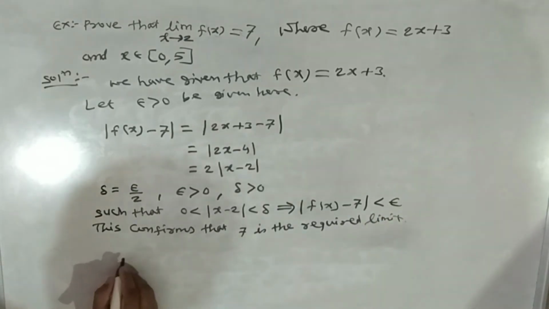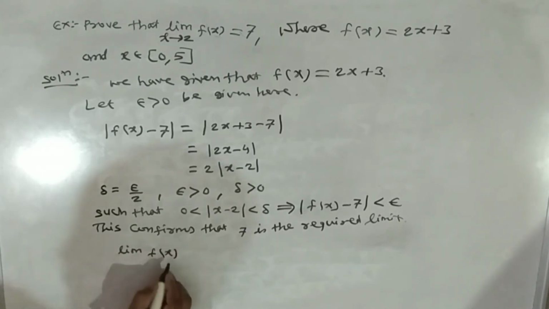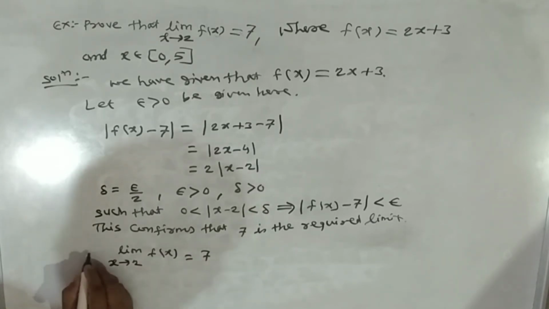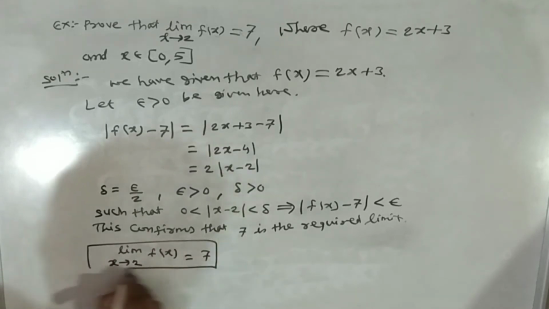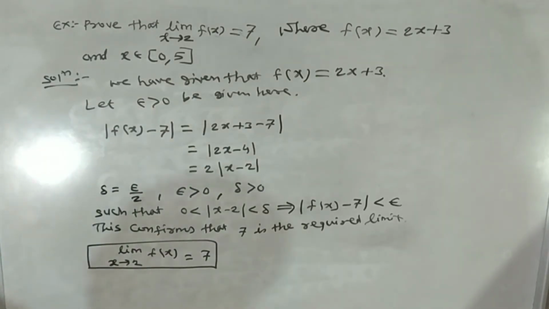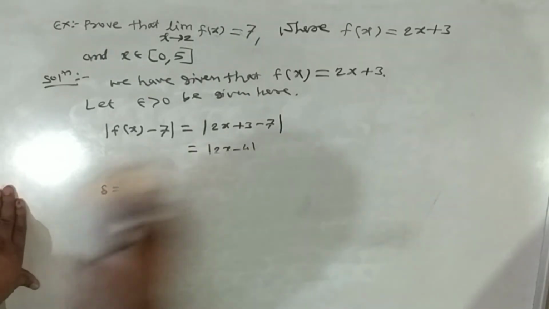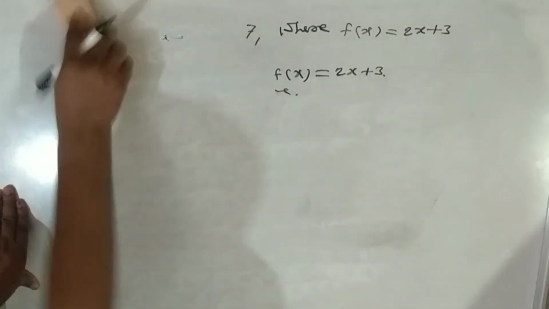And therefore the limit of f of x as x tends to 2 is equal to 7. Now we'll see another problem.